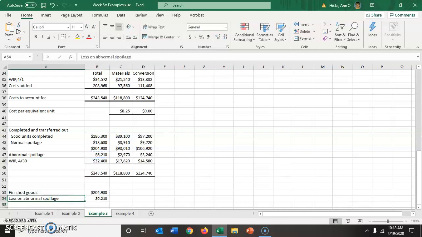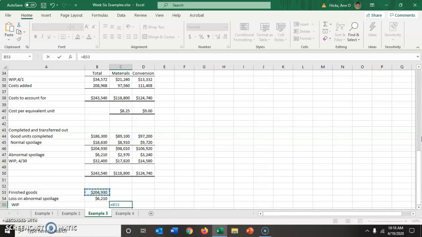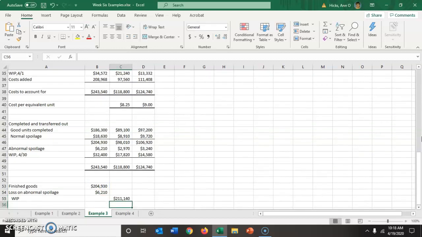That is an income statement account. It will be a separate line item, thereby highlighting the fact that our spoilage is over and above what we want it to be. And then we'll credit WIP for the sum of those, thereby leaving in WIP the 32,400 associated with WIP.